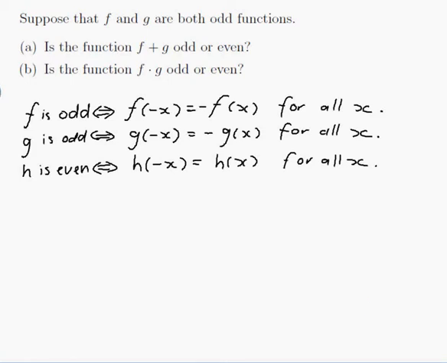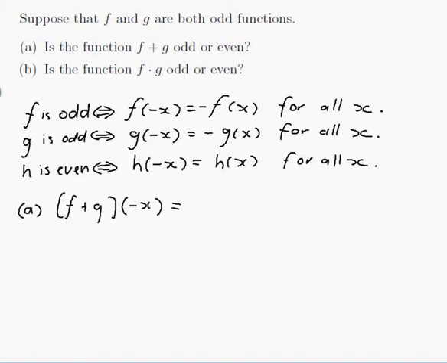Okay. Well, let's see if we can decide whether f plus g and f times g are odd or even. A. So, f plus g. If it's odd or even, that will be decided on what happens when I put minus x into the function. So let's see. f plus g of minus x.